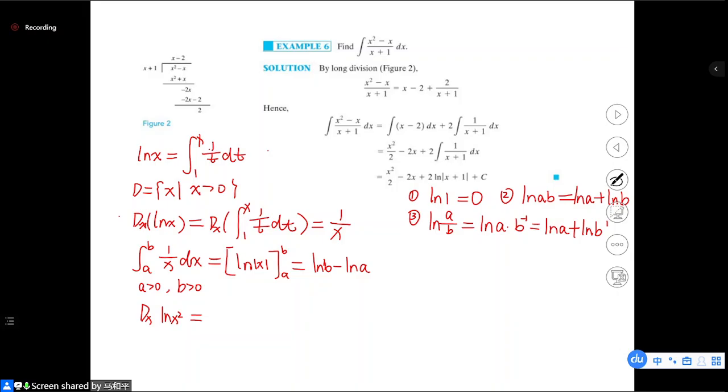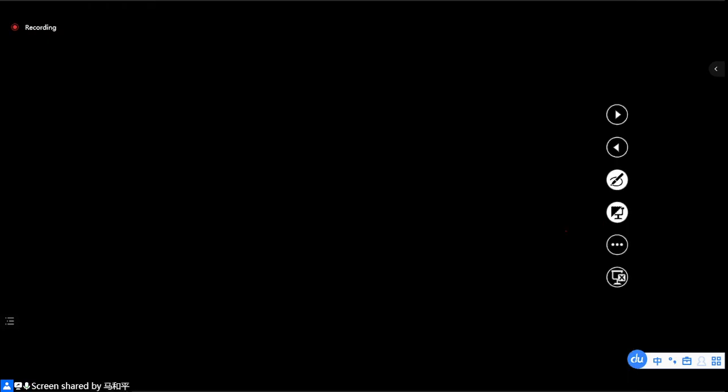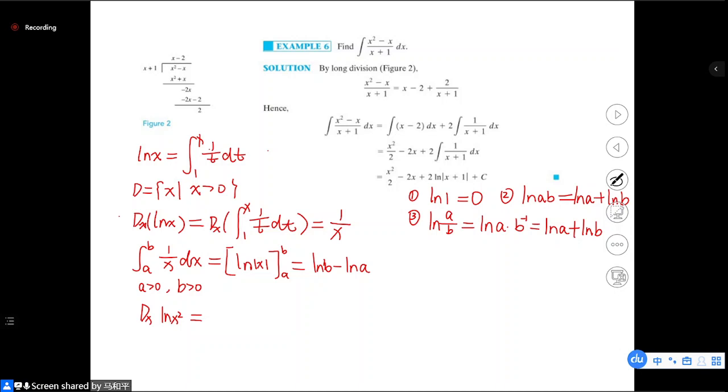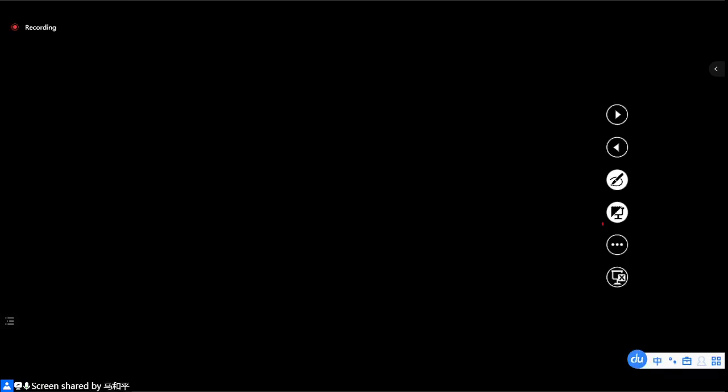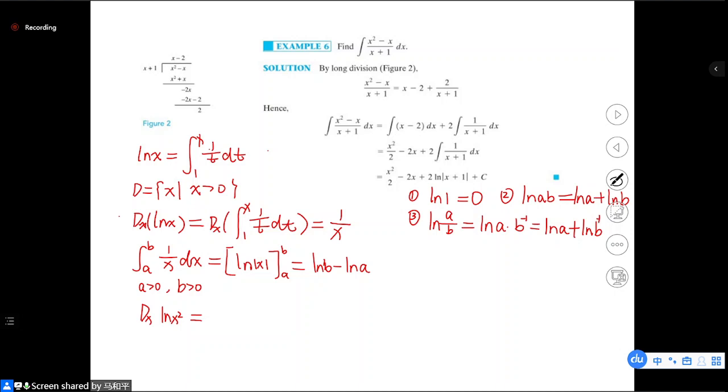And then by the last property, we learned ln of A to the power r is r times ln A. So here this r is -1.